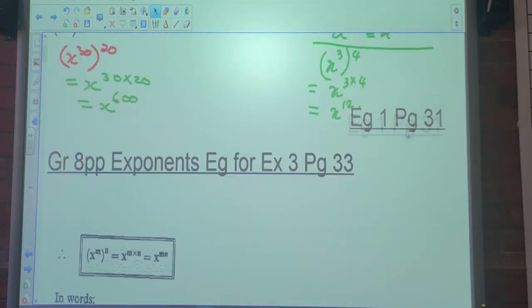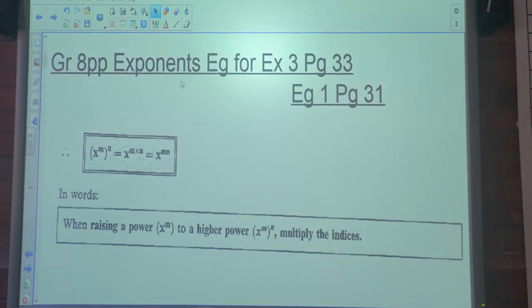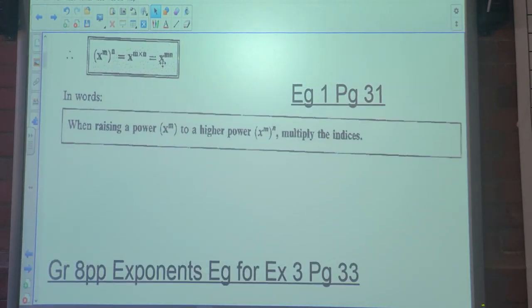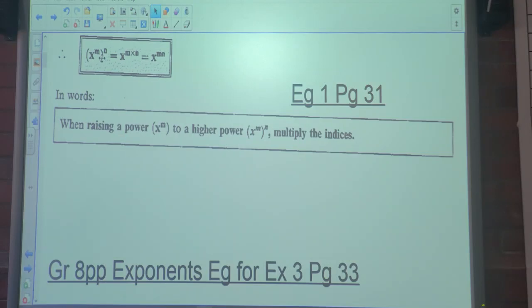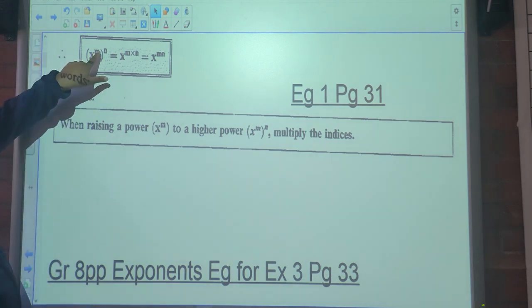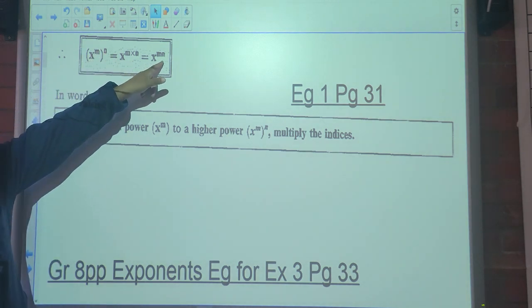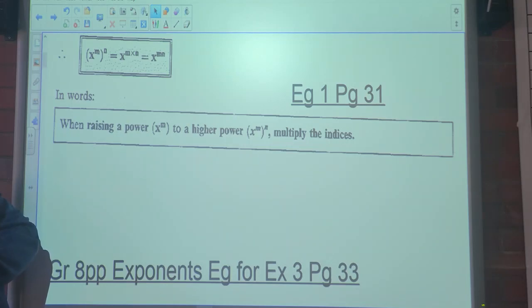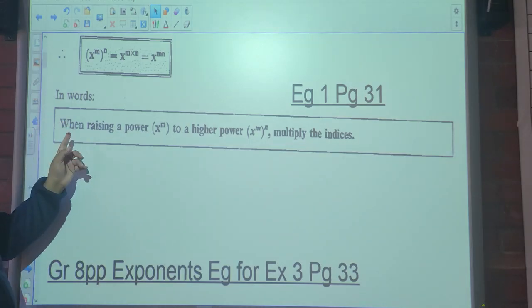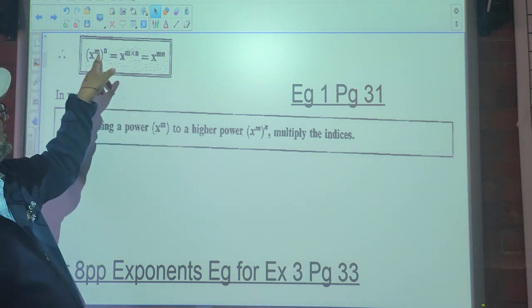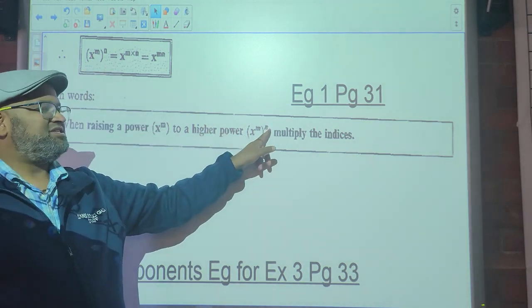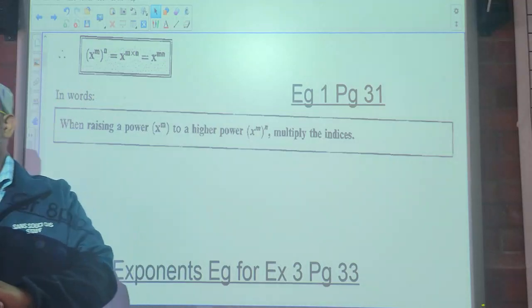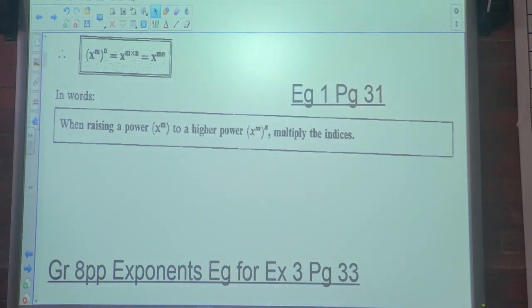Right, let's go to the next question. The rule says, if you have x to the m raised to the exponent n, it is equal to x to the m multiplied by n, or x to the mn. In words, when raising a power, which is x to the m, to a higher power, which is n, multiply the indices. Another word for indices is exponents. Multiply the exponents. Very important rule.